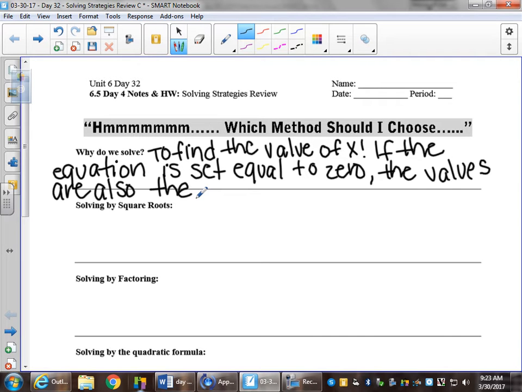Yes, x-intercepts. Good job. Yes, absolutely right.